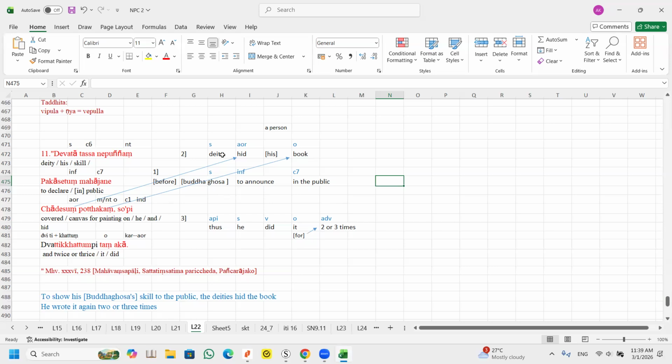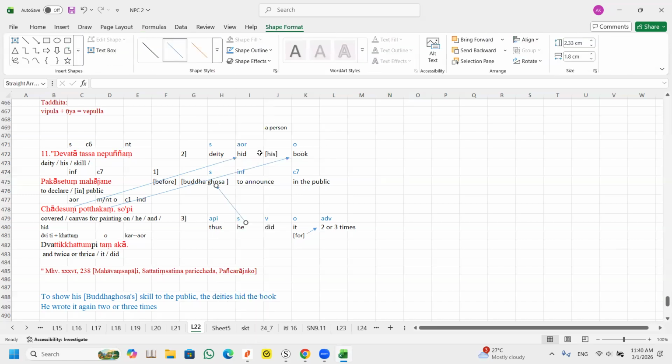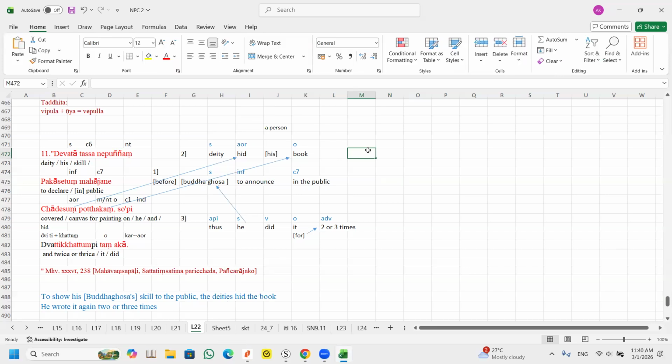This he does not refer to the deity. You can see, this has no correlation with that. Same as the first one I explained: this he is not a deity, this he is not the deva, this he is Buddhaghosa. That is very tricky. Understand? Just now it was the same scenario: the he refers to this one, not this, not this. Understand?